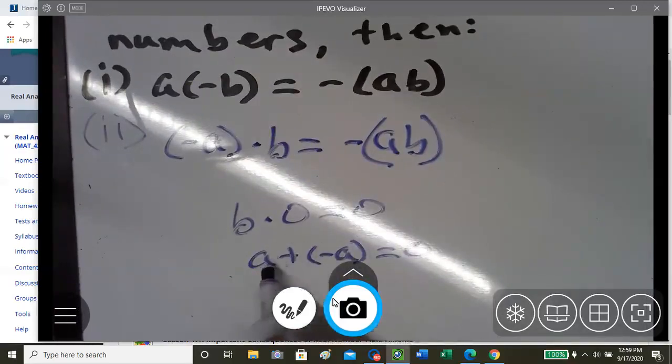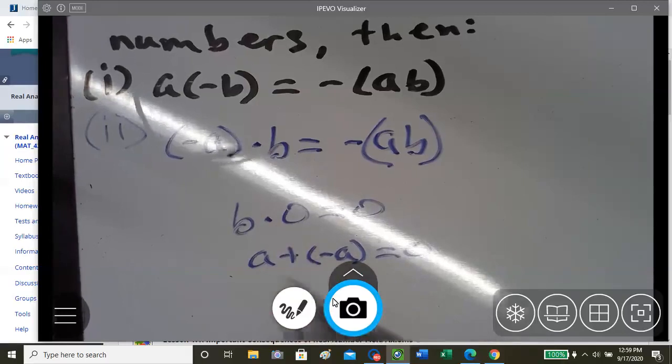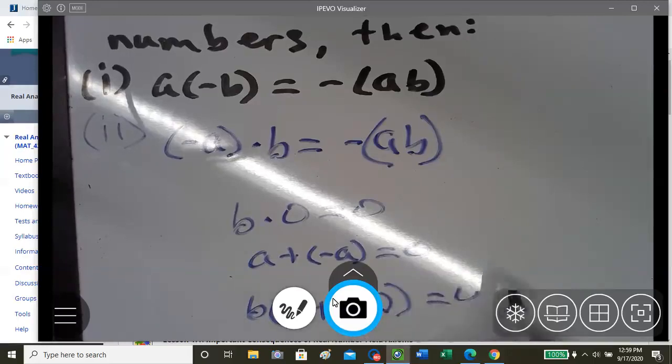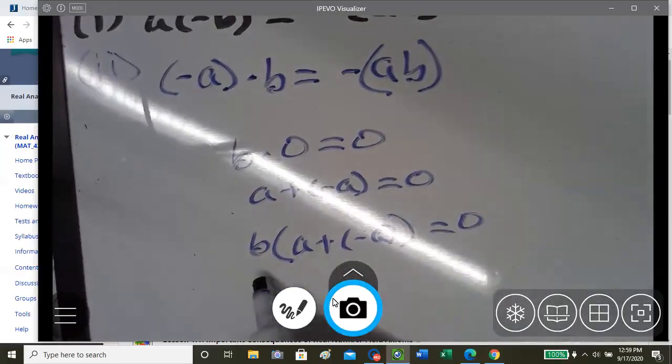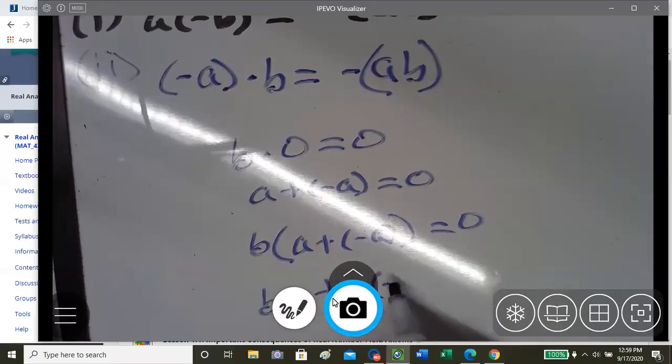Because a plus negative a equals 0, we can substitute that in for 0. So that's b times a plus a negative a equals 0. Basically this is almost identical to the same process as I. So this is going to be ba plus b times a negative a equals 0.